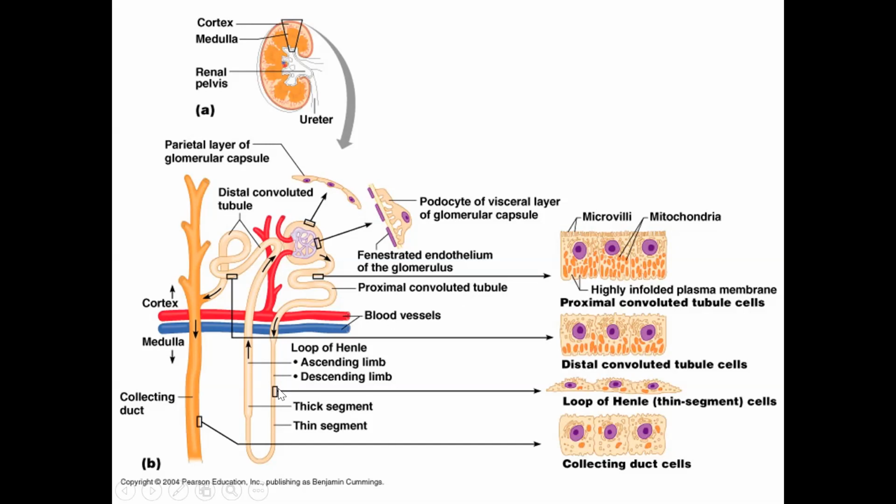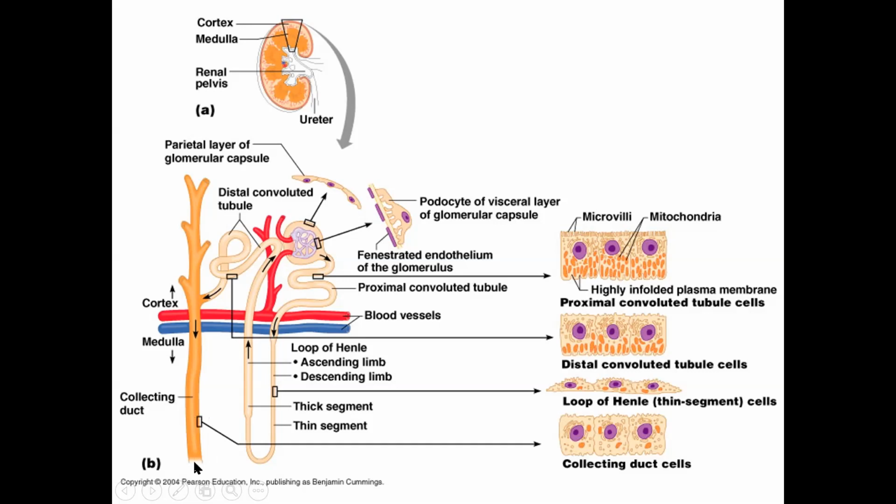Okay, and then if you look at the loop of Henle here, simple squamous epithelial cells, and then remember there's a difference for descending and ascending parts. All right, because the permeabilities are different, this will help to create a concentration gradient in the medulla. This concentration gradient will help the filtrate in the collecting duct to have more water reabsorbed back.